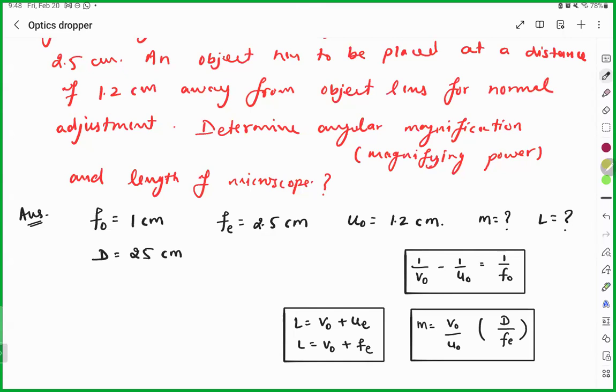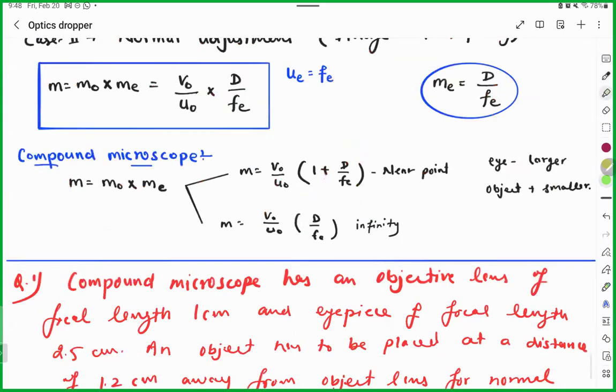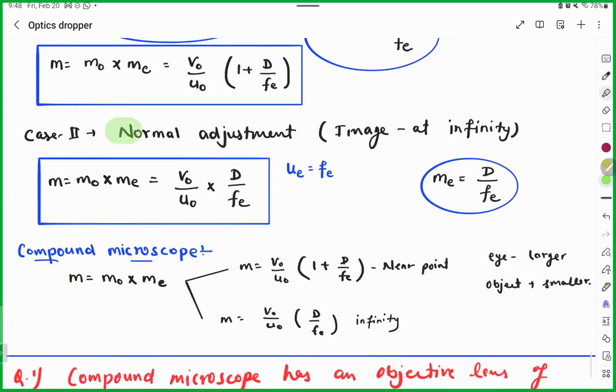And with this question, any doubt? You have to do three things, because in your formula, you know that the magnification needs V naught by U naught times D by FE, because of normal adjustment. For normal adjustment, the image is formed at infinity, so the object will be at the focal length and your magnification is this.